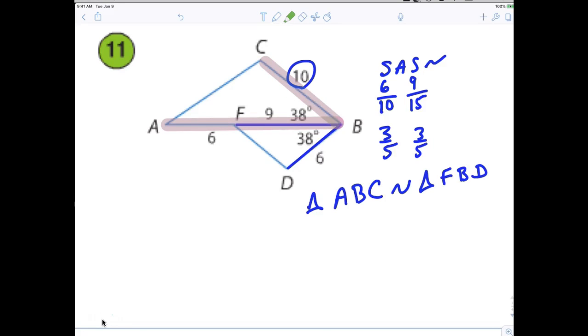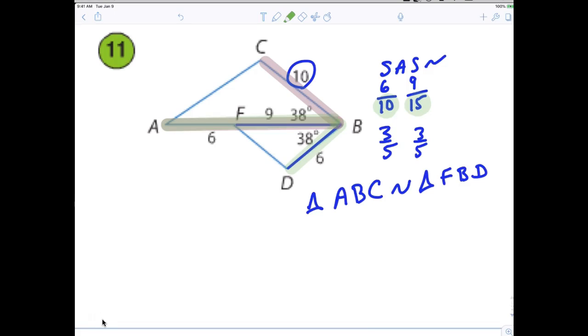The small side is 10, and the large side is 15. I got the large side because 6 plus 9 is what? Come on, Walker, what are you doing today? And then this side over here is the small side, 6 and 9. Do you see that? Are you good now? Yeah.